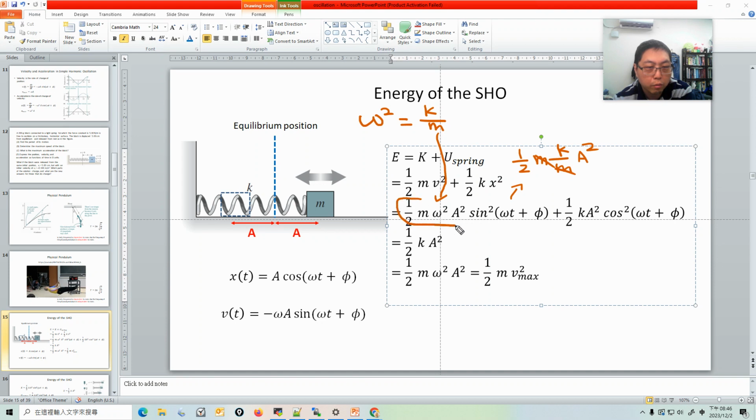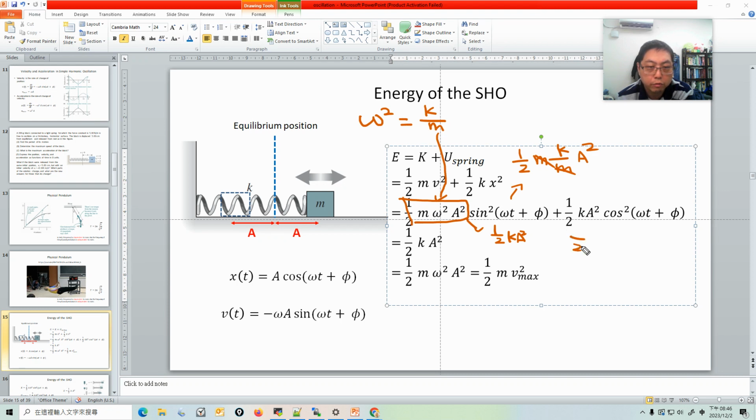So this will become 1 over 2 k A squared times sine squared of omega t plus phi. And the second term is 1 over 2 k A squared times cosine squared of omega t plus phi.